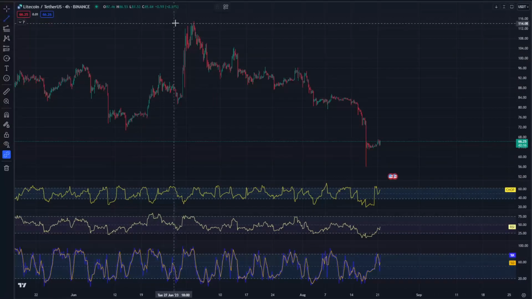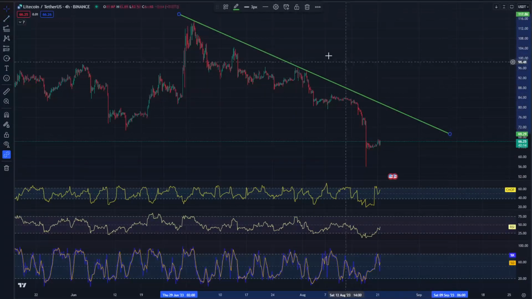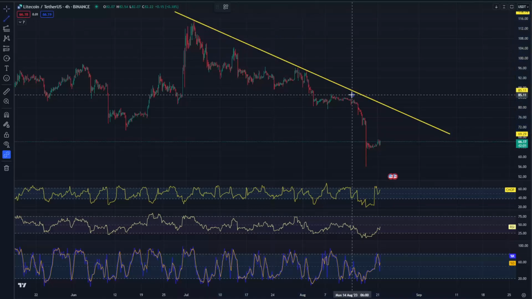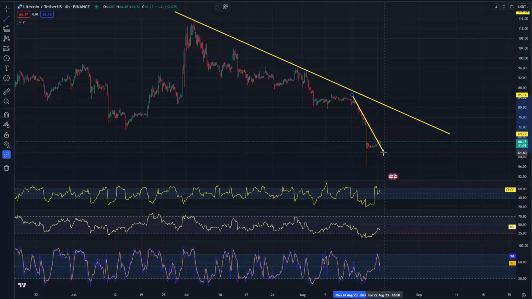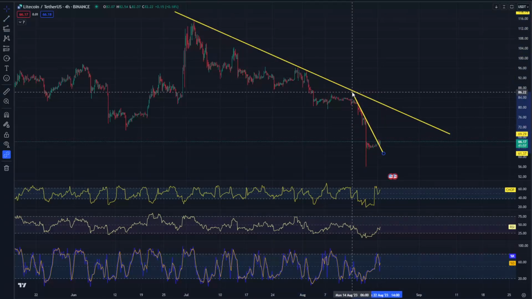As the fourth one, we will check the LTC chart on the 4-hour interval. As we can see, the price is moving below the main downtrend line, while locally we can see that the price is moving sideways from the local downtrend line.